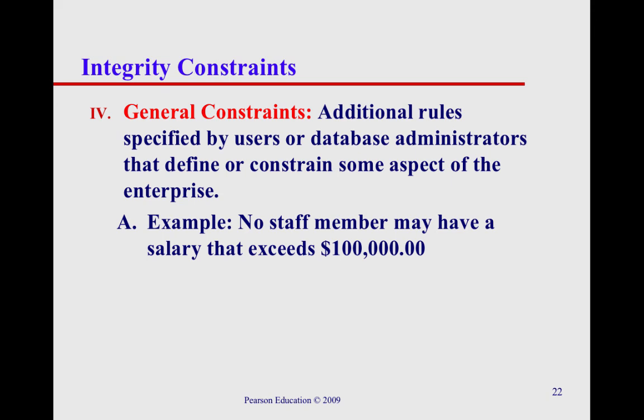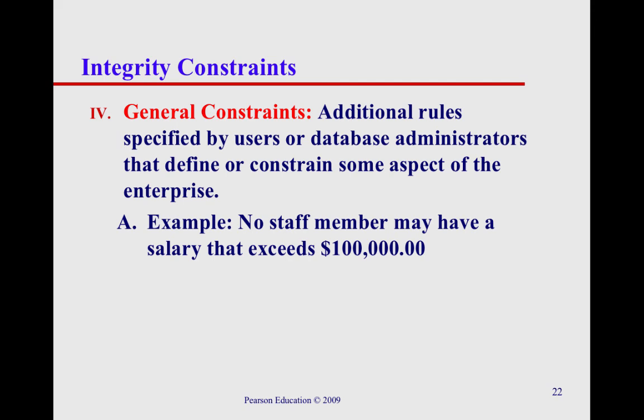Okay, and then we have general constraints. Those are so-called business constraints. So for example, no one can have a salary that exceeds $100,000. The memo came down to me over the weekend that we're being cheap at $40,000, so we need it to be $100,000. Or no property manager can manage more than 100 properties.